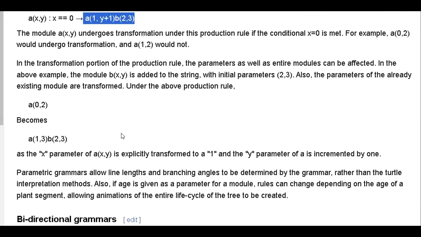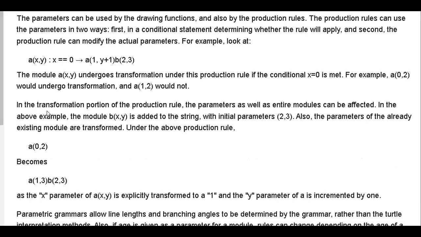So let's say, for instance, if you have this in a word, this will be converted to a of 1 comma y plus 1. Y plus 1 is 3, and b of 2 comma 3.